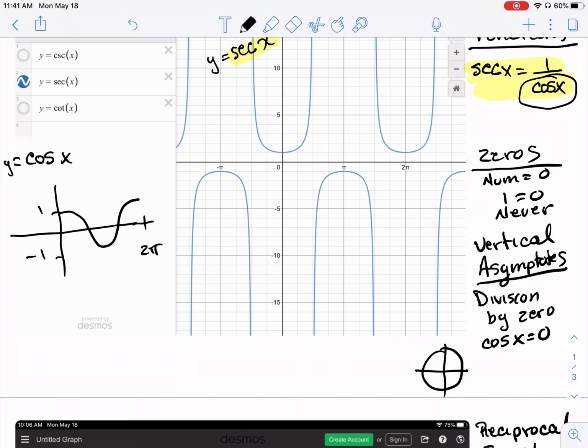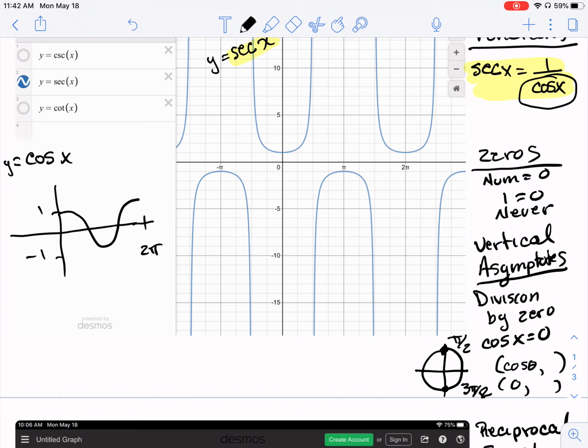This is what's going on in my head. I know cosine is the x coordinate of the coordinates on here. So I'm looking for a 0 x coordinate, and whatever else the y coordinate would be. Well, 0 x coordinate means don't go over any. So that would be up here on top and down here on the bottom. The radian measure on the top is pi over 2. The radian measure down on the bottom is 3 pi over 2.